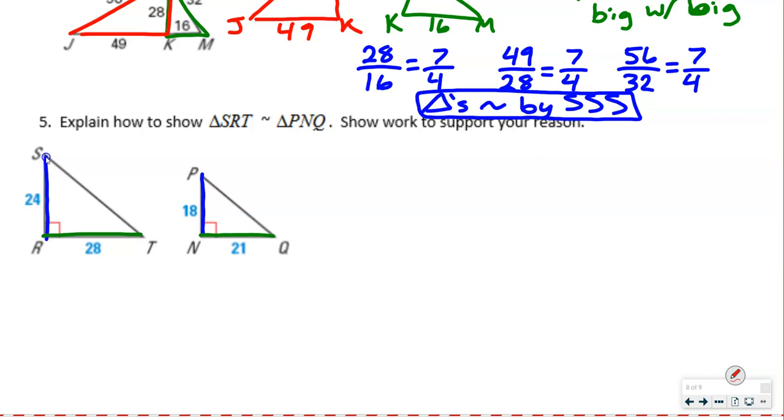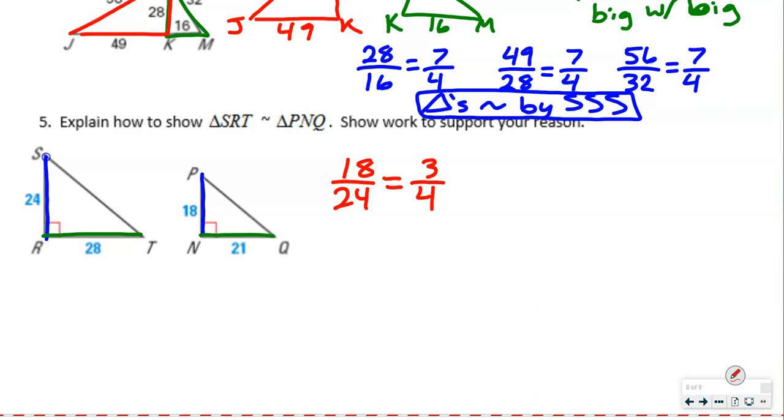So when we set up our proportions, we can say 24 over 18, or 18 over 24. I'm actually going to keep my smaller number on top. I like to have the smaller number on top. So 18 over 24. Our greatest common factor would be 6, so 18 divided by 6 is 3, and 24 divided by 6 is 4.